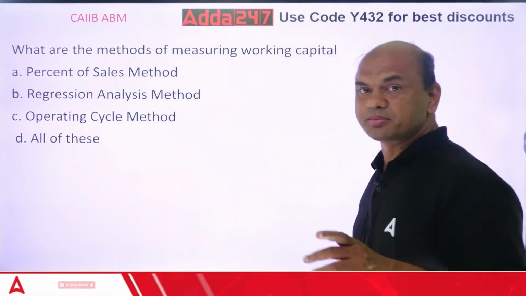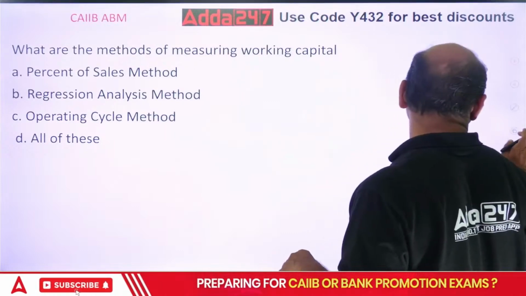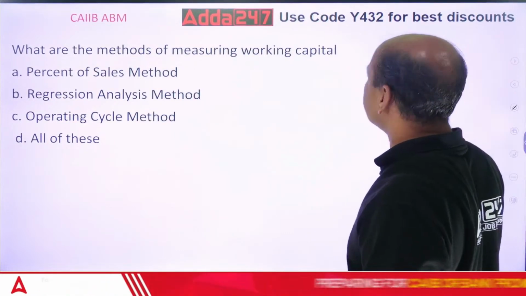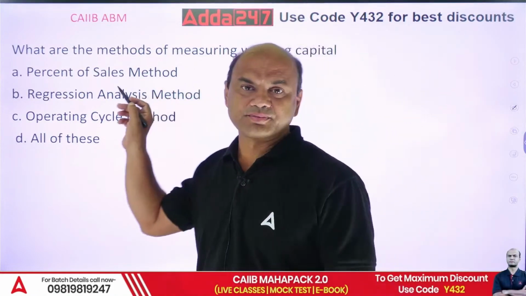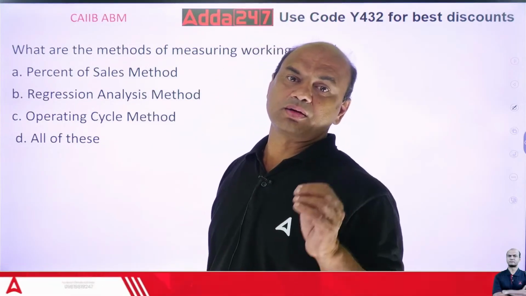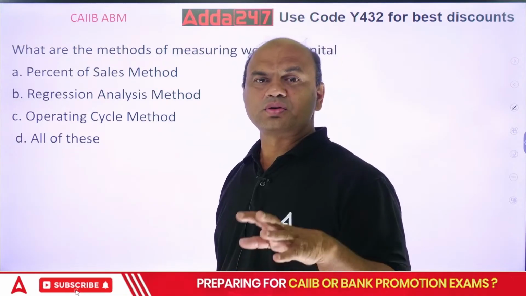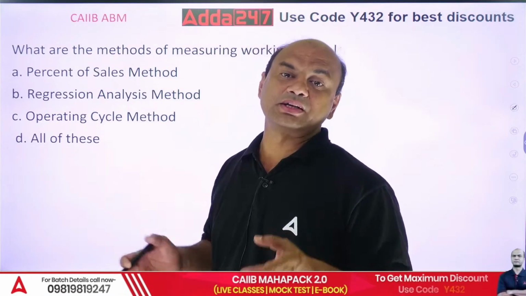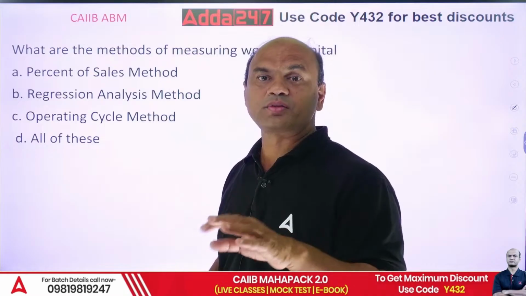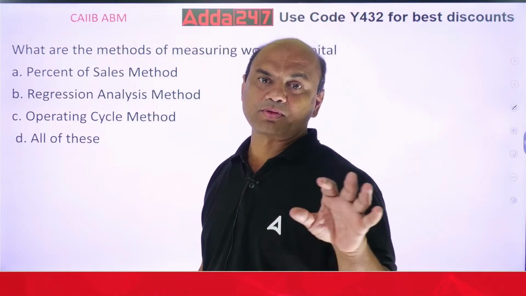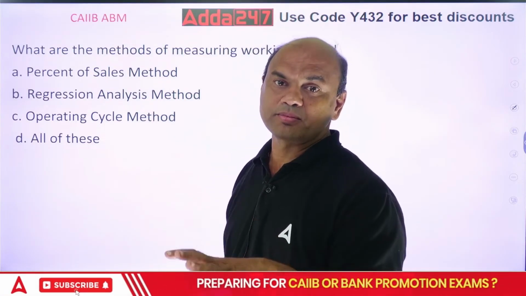The NAIC committee's report had recommended that every organization below 5 crores turnover should have 25% working capital as CC. Out of this 25%, 5% will be from the customer margin and 20% from the bank.